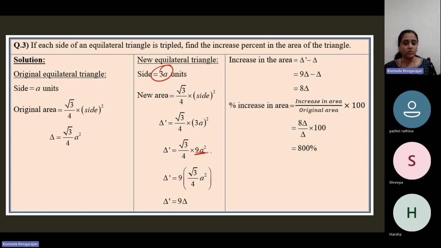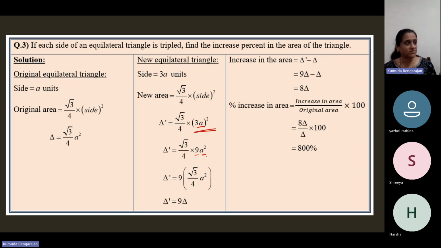Now you have to write this using root 3 by 4 a square. Can you see root 3 by 4 a square here? Write that in a bracket. The rest of it you write outside the bracket. We have assumed root 3 by 4 a square as delta. 3a into 3a is 3 3s are 9, a into a is a square.